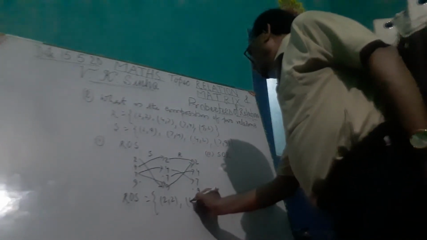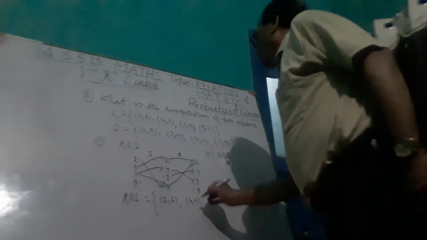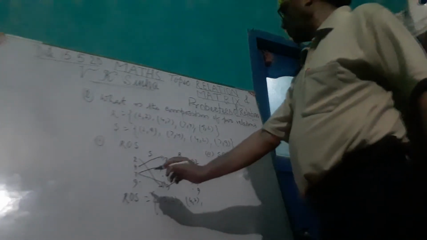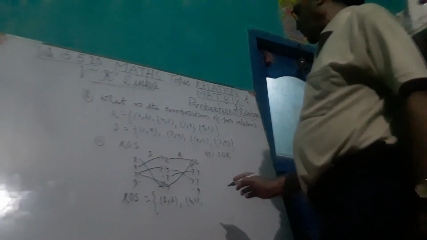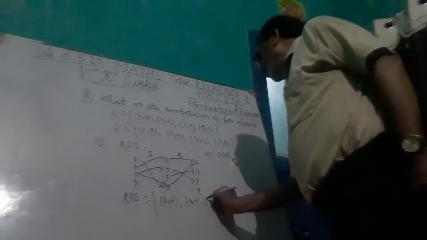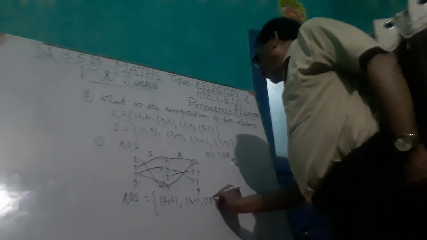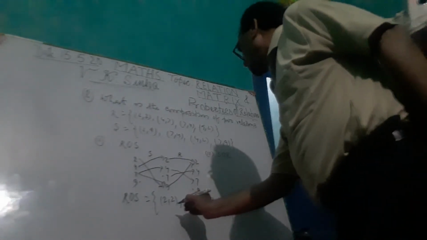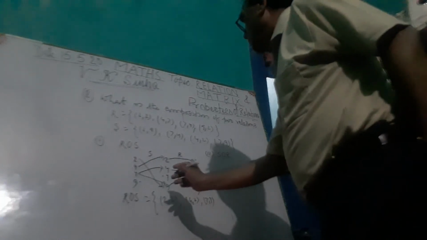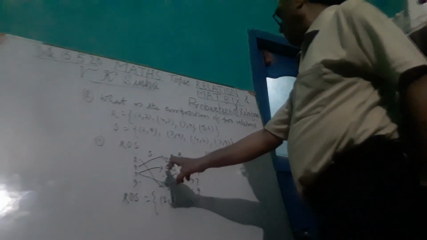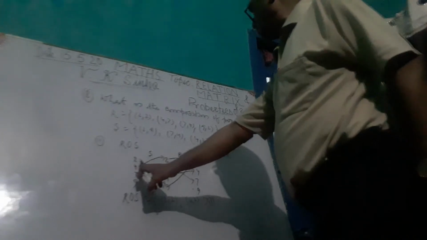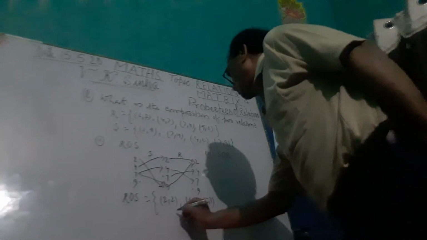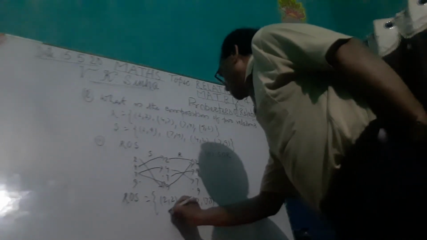So write (4, 2). And now 7. 7 is connected to 4 first and then 7. So write here (7, 7). And 7 is also connected to 9 first and 9 to 2. So write (7, 2) also.